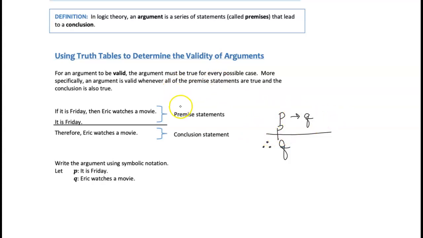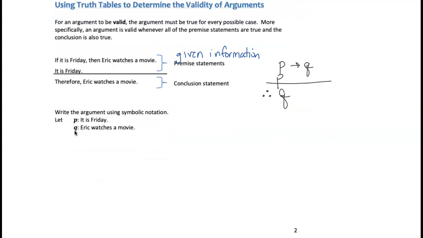That is given information. If we are given premise 1 and premise 2, we want to determine whether the conclusion makes the argument valid.